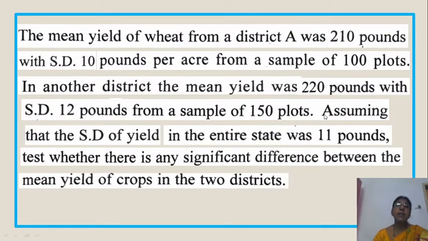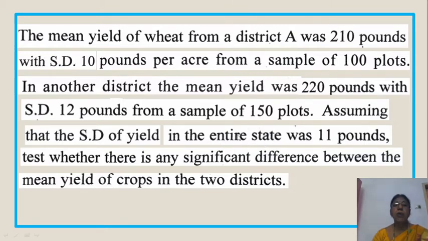See the next step. Assuming the SD of yield in the entire state, meaning population. This district is one sample space, first sample space is district A, and another district is another sample space. So x1 bar, x2 bar, n1, n2 are already given in this data. Next sentence: assuming the SD of yield in the entire state means population.